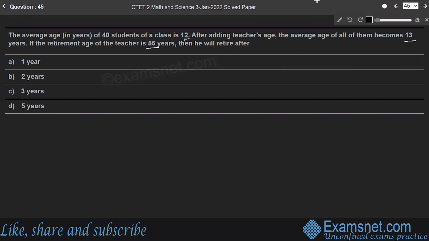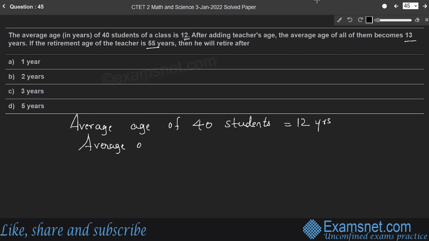So here, given the average age of 40 students is equal to 12 years, right? So the average age of 41 people, including the teacher, is equal to 13 years.